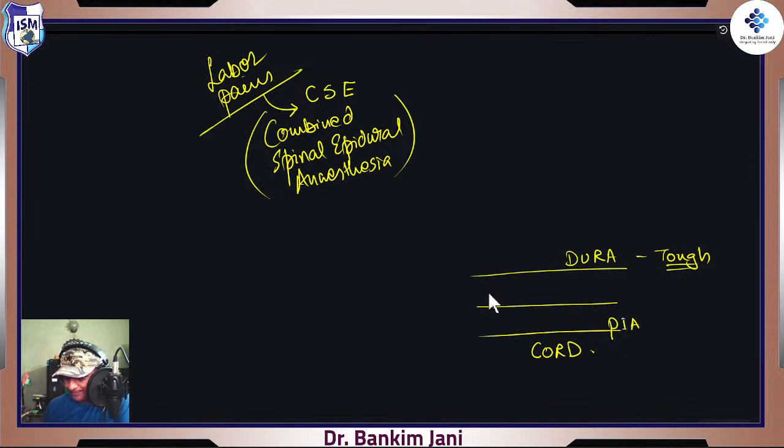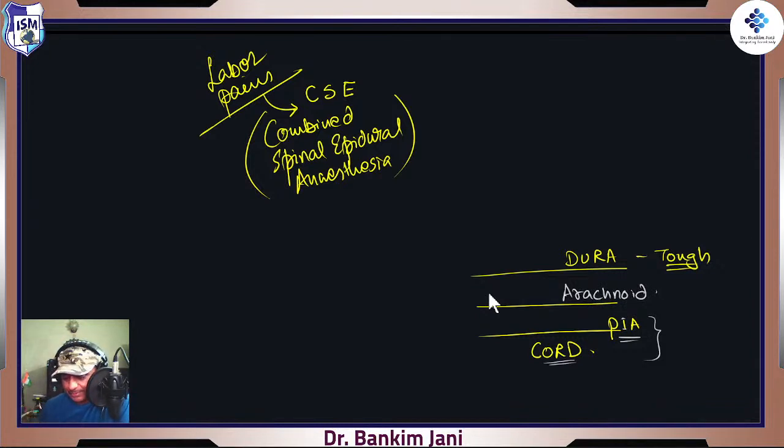And if you use this word pia in Hindi, then it becomes easy that yes, it has to be near, so that way it is close to that cord. In between is arachnoid, so no confusion.